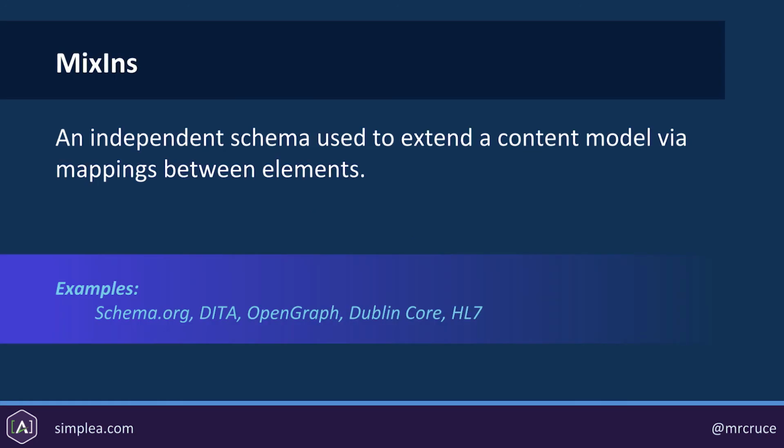So a mixin is an independent schema used to extend a content model via mappings between elements. Schema.org is an example. DITA, Darwin Information Type Architecture, for those interested in structured content authoring from the TechCom's perspective, may be familiar with DITA.